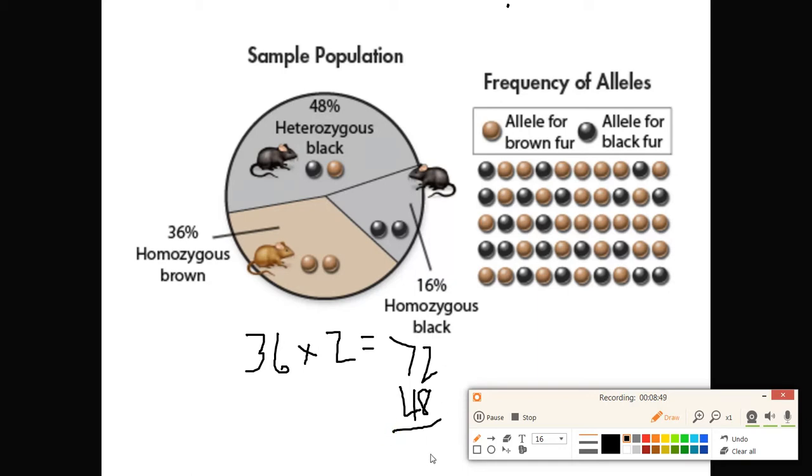Do a little math here, so 0, carry the 1, 8 plus 4, so we have 120 brown alleles, whereas we only have 16 times 2, 32 black alleles here, and then we have another 48 here.